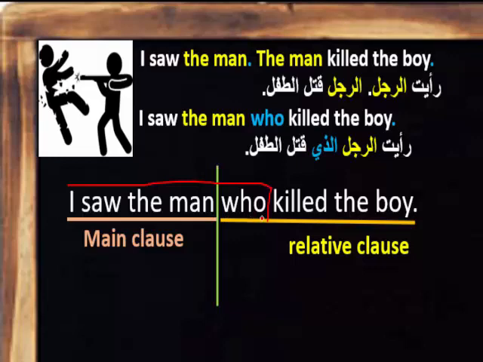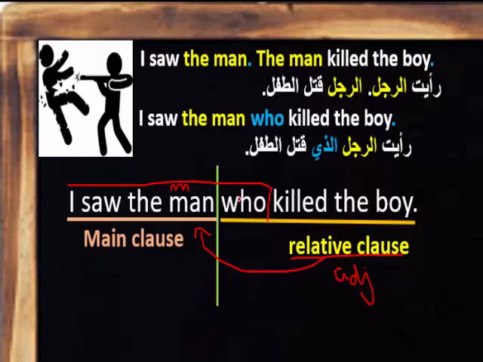We need something to finish it, and which is this information. I saw the man who killed the boy, right? And this is called relative clause because it's related to this sentence here, and it functions as an adjective because it describes the noun that we have. So it functions as an adjective, and here is the noun, the man.